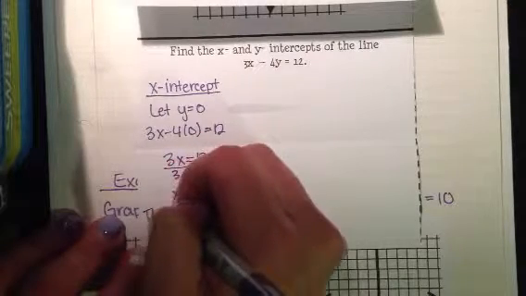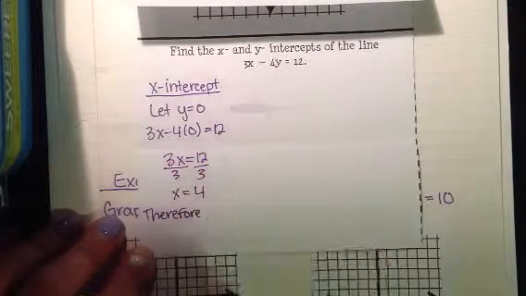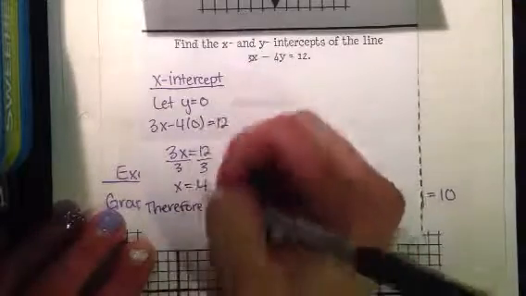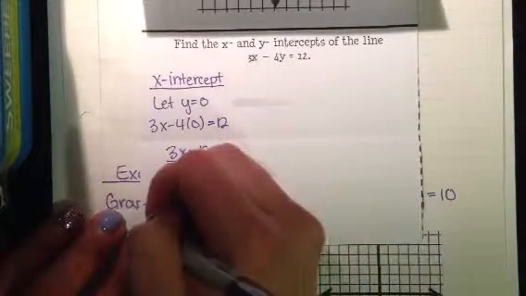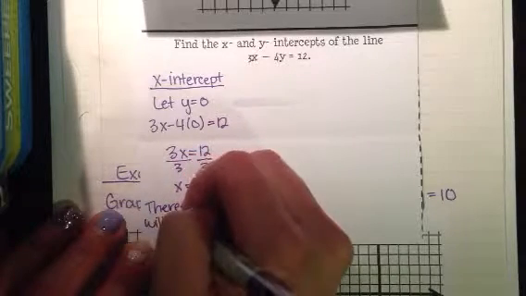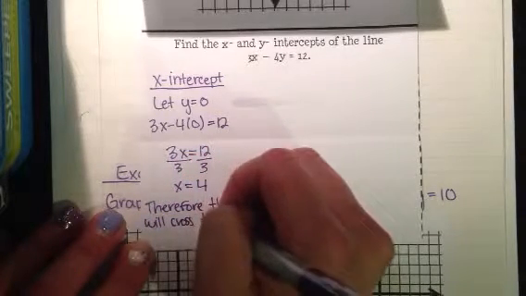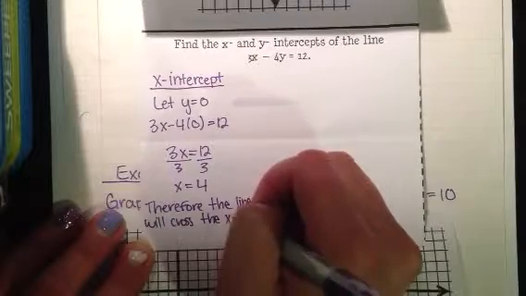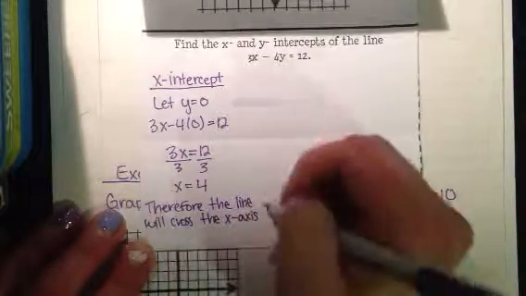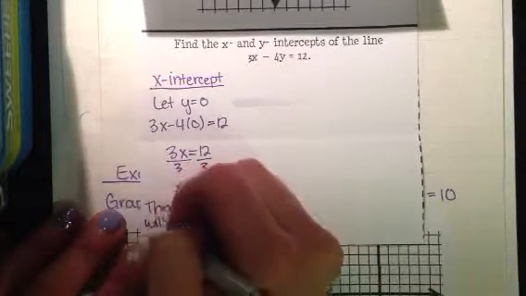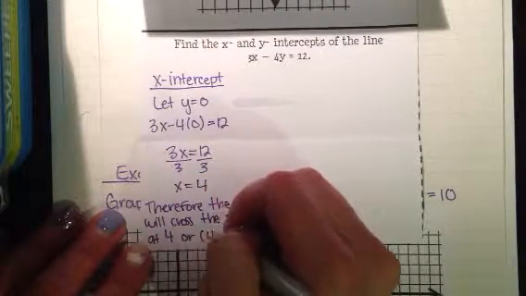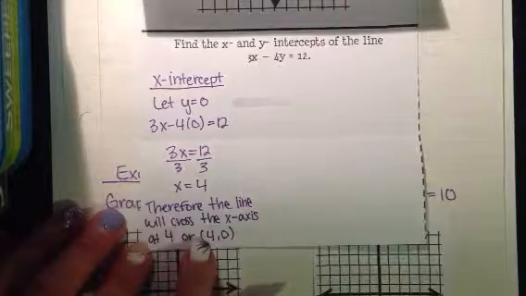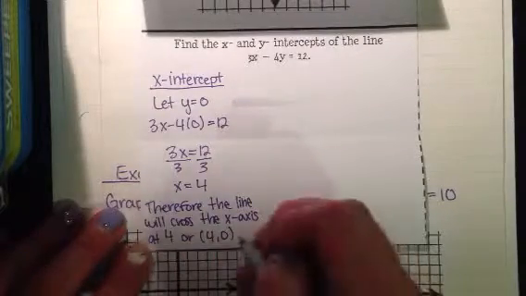Therefore, please copy this down: the line will cross the x-axis at 4, or you can say the coordinate point 4, 0. The x is 4, the y is 0.